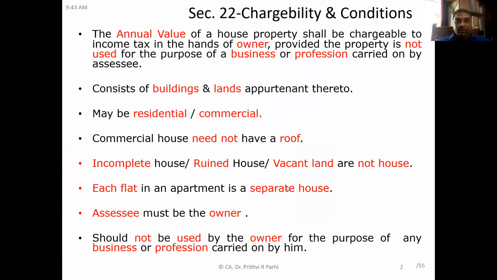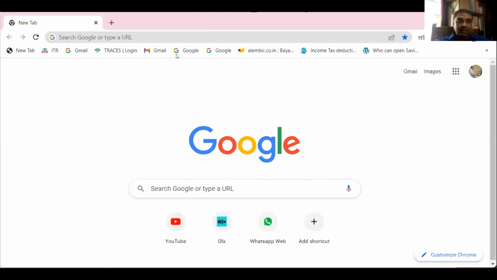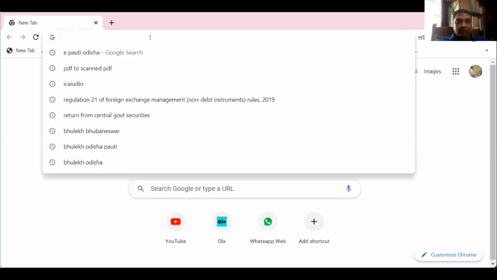If I take you to the income tax department website, just give me a moment. Let us go to the income tax department website now. I think the screen is visible to you now.